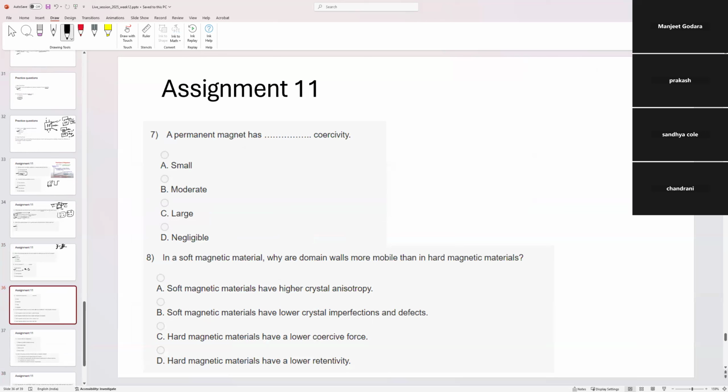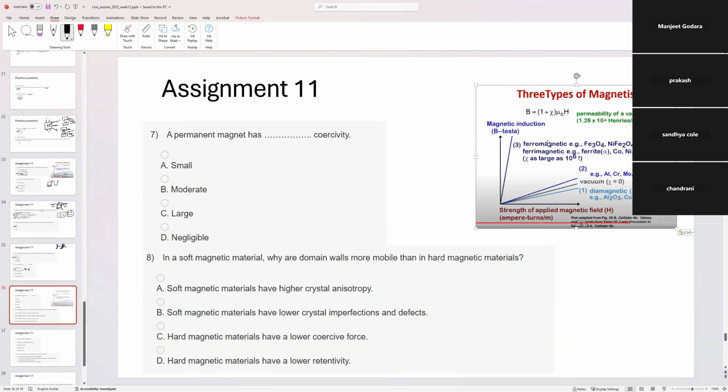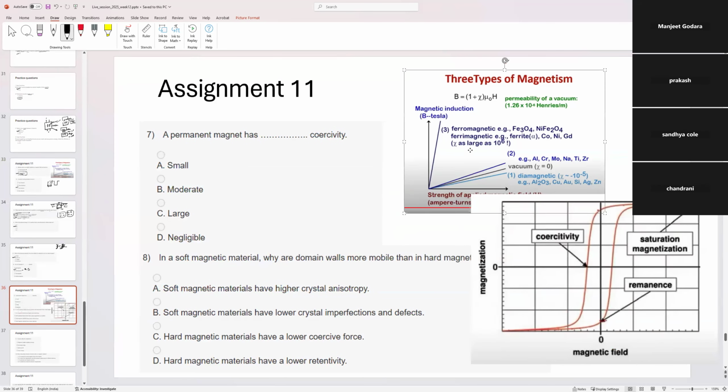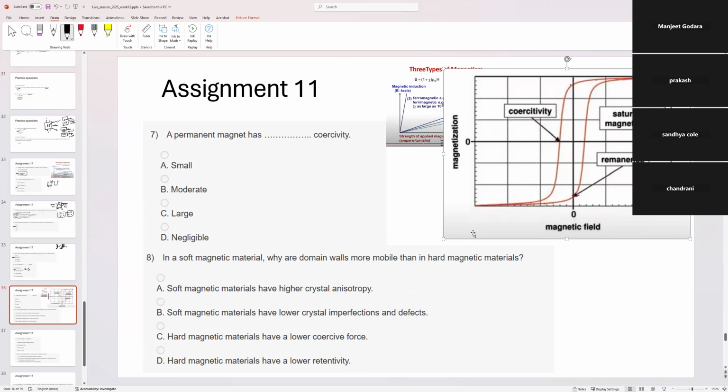Permanent magnets have large coercivity. In this plot, if you want permanent magnets, you want to have a large internal magnetic field at the end, right?